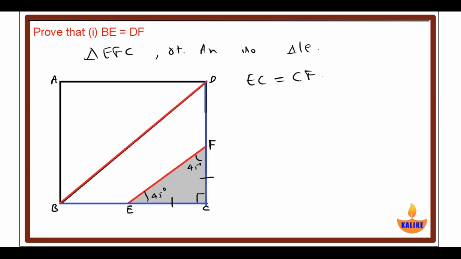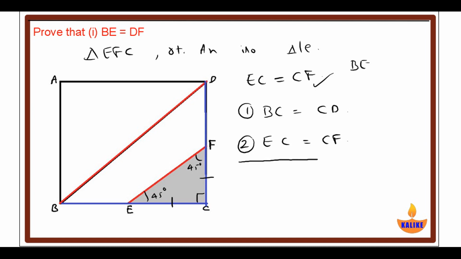Now, we have to prove BE is equal to DF, but we have proved EC is equal to CF. See, first BC is equal to CD. These are sides of square. Now we have proved EC is equal to CF.